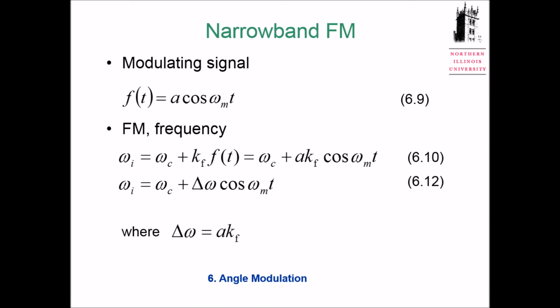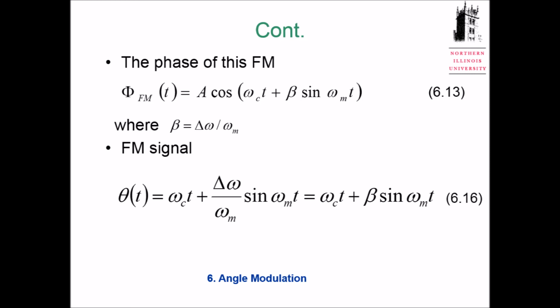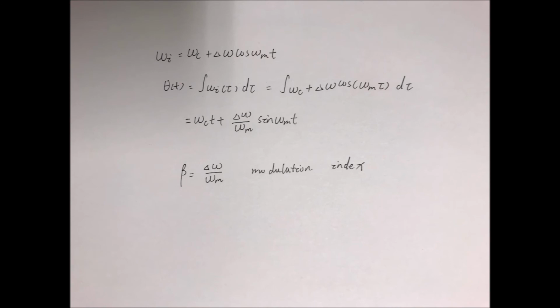Now we give A Kf a new name. We define it as delta omega, and we call it the peak frequency deviation. Why do we call it like this? We know the instantaneous frequency oscillates around a baseline omega c.